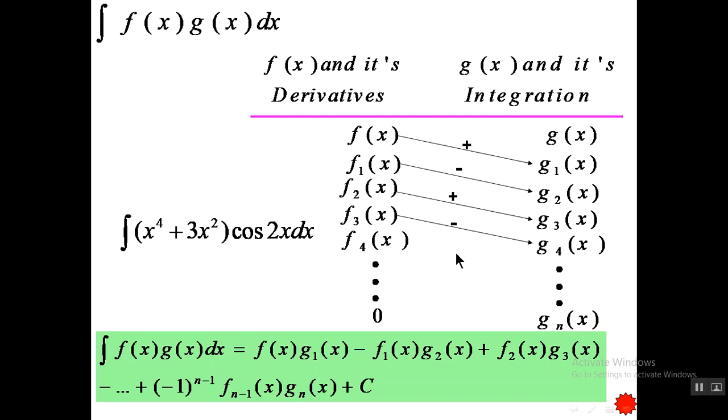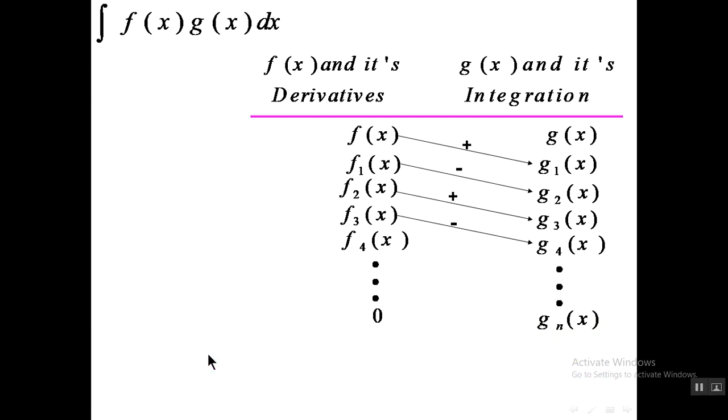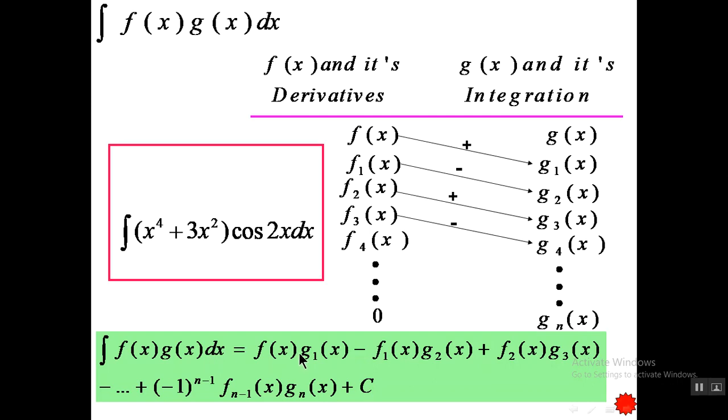The integral of f of x g of x equals f of x times g1 of x, with a plus here, then minus f1 g2, plus f2 g3, minus f3 g4, and so on.